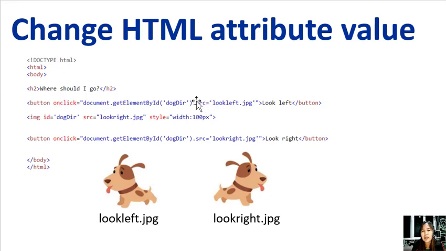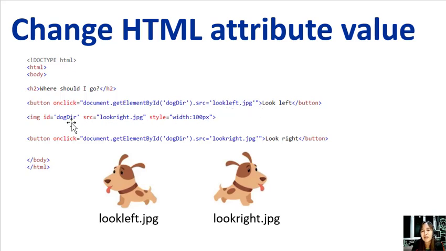Now remember that here we're specifying that source, meaning remember that this one is an image source attribute of your HTML code. So here we're saying that on click, this part of your document that is tagged as dog dir, the value of its source or src will be changed to lookleft.jpg.